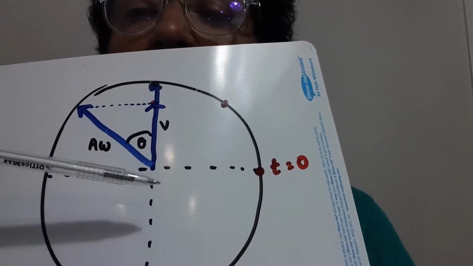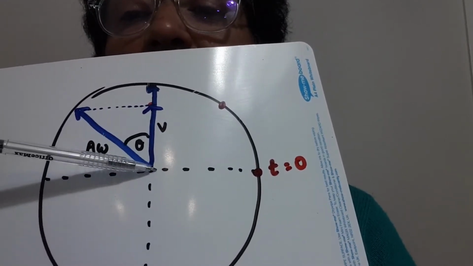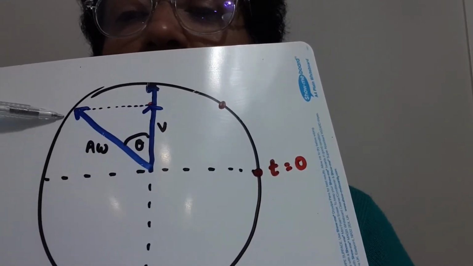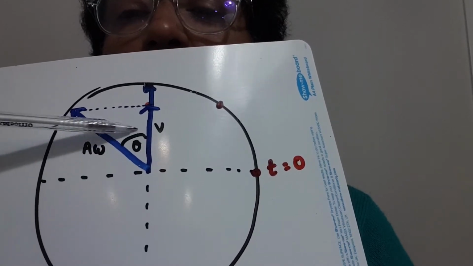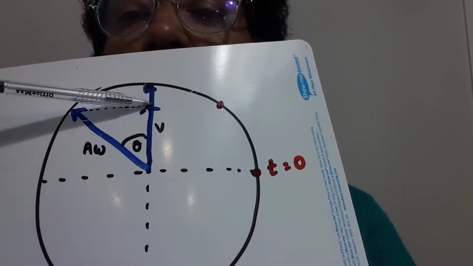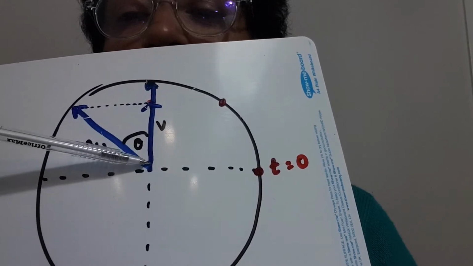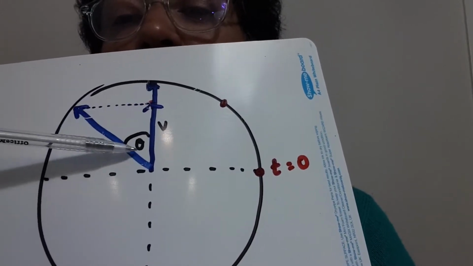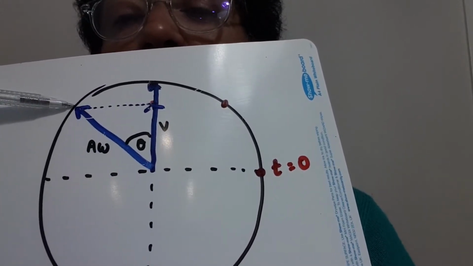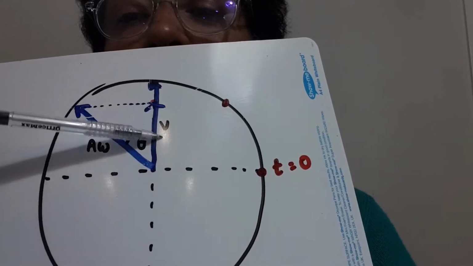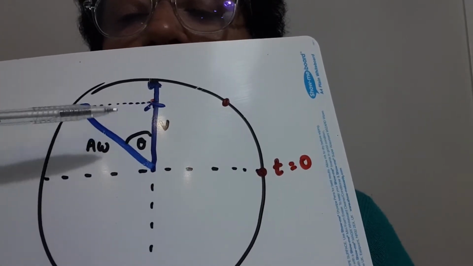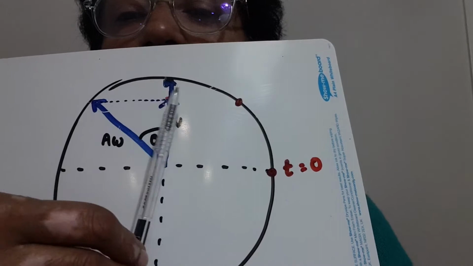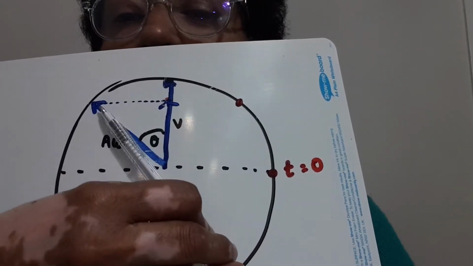The velocity of the simple harmonic motion particle at all times is the vertical component of the velocity of the reference particle. So when the simple harmonic motion particle is there, this is the vertical component of the velocity of the reference particle. If you're looking at that triangle here, the reference particle has moved through this angle theta.